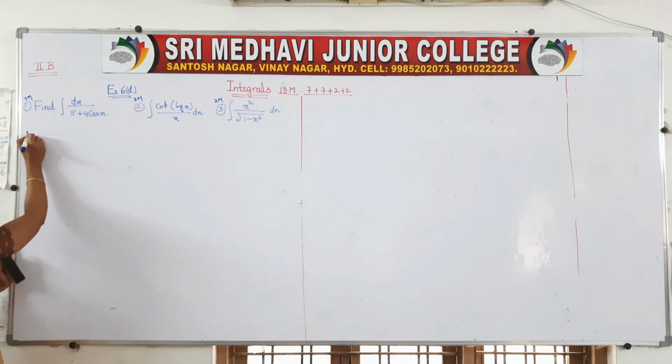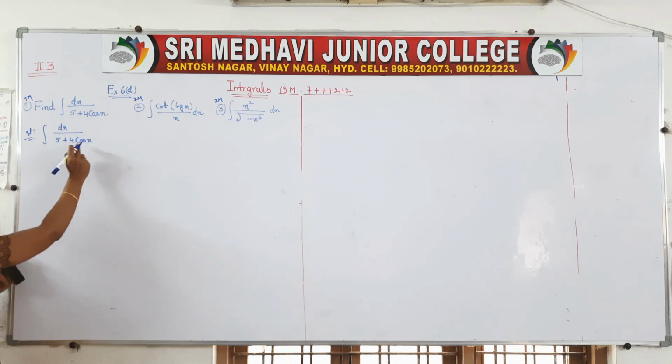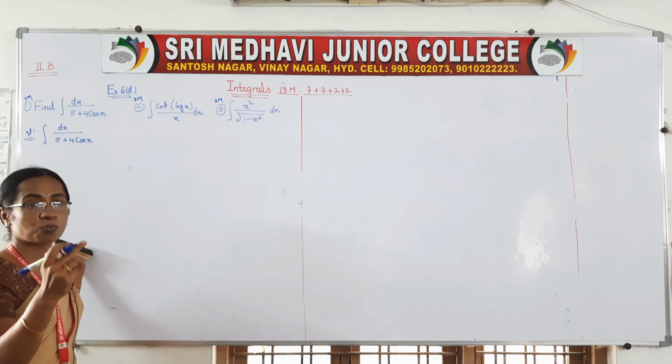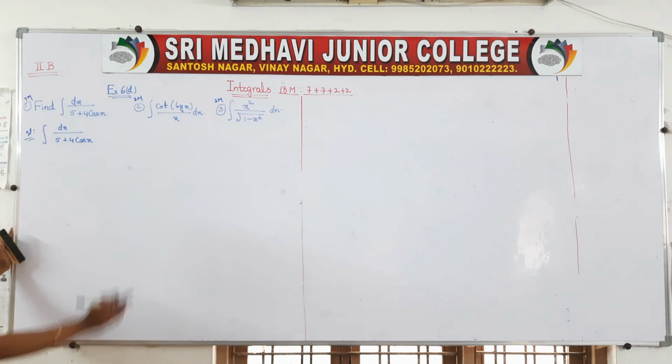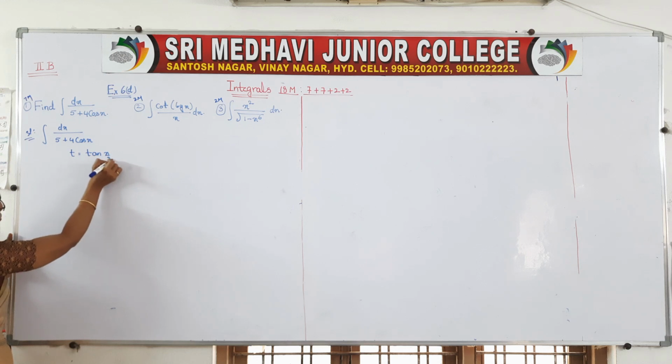First, take the first problem: integral dx by 5 plus 4 cos x. I say that whenever cos x is there, or sin x is there, or both sin x and cos x are there, then we have to take t is equal to tan x by 2, isn't it? So you take t is equal to tan x by 2.